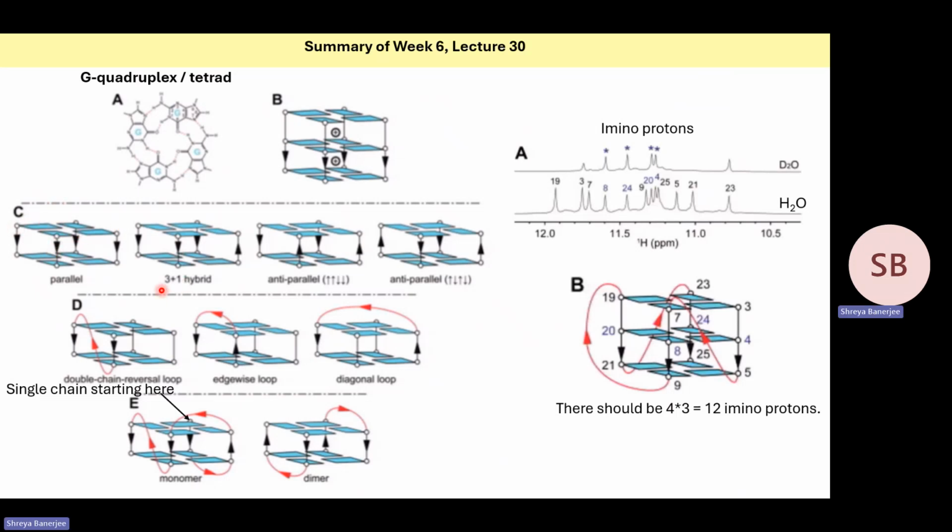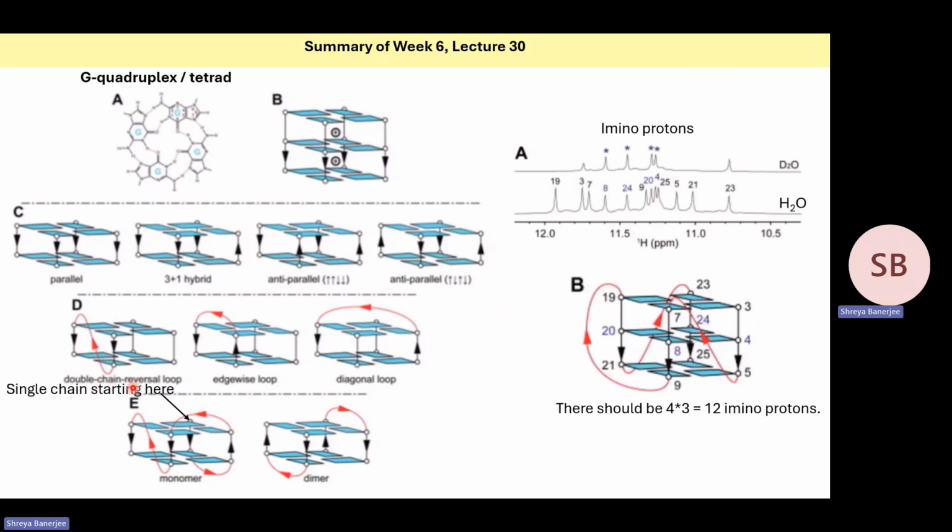Then you can have a 3+1 hybrid, where 3 strands are parallel in the down position and 1 is antiparallel in the up. In the antiparallel arrangement, you have 2 possibilities: 2 up and 2 down, or alternating up, down, up, down. So there are 2 kinds of antiparallel possibilities.